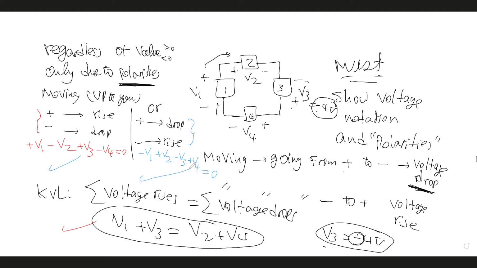Because it's an algebraic equation, you have the option of saying rise equal to drop, or rise with plus in front, drop with minus in front, all of them algebraic sum equal to 0, or rise minus, drop plus, algebraic sum equal to 0. Any question?